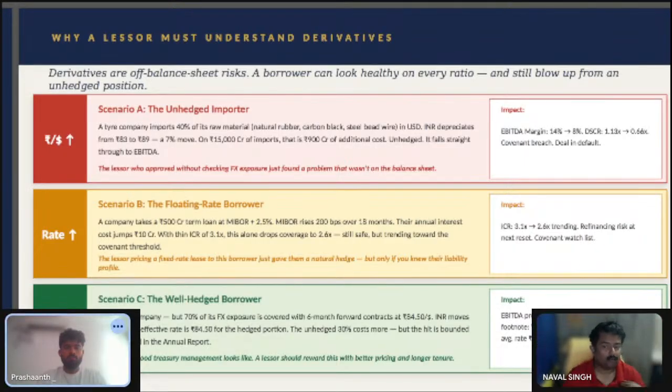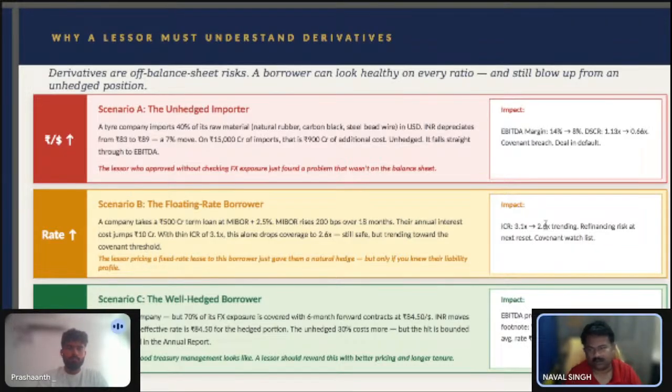Whatever is available for us, where they source the raw materials from, we'll take that information. For example, if MRF sources from Indonesia and the Indonesian currency versus the Indian currency depreciates or appreciates, then there is FX risk. But if the company buys directly from India, then in rupees there is no risk. That is the inherent assumption.